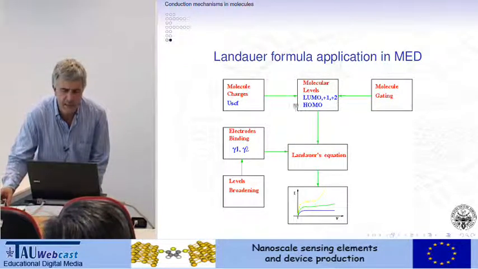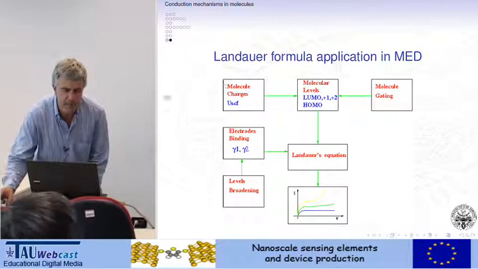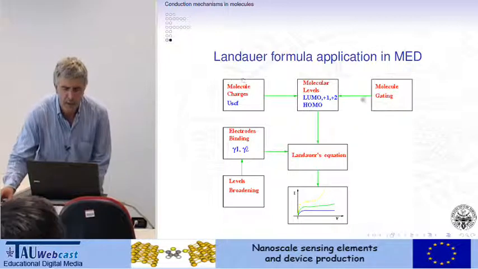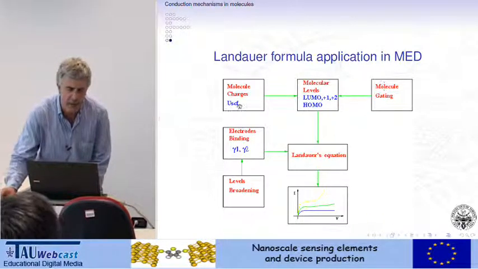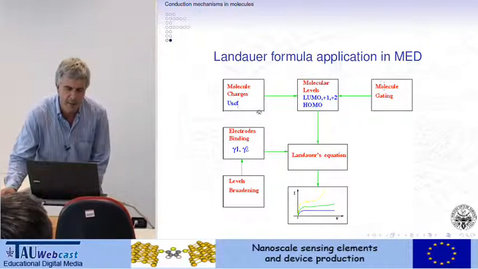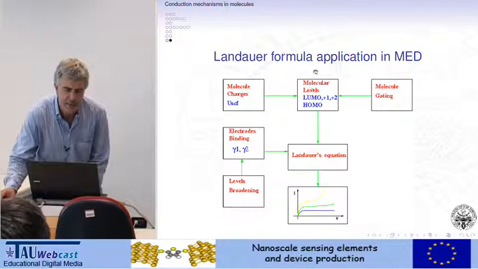So these levels should be corrected by the effect of charges on the molecule. And obviously also the gating has a similar effect. So charges and gating can be, in other words, described in a very similar way simply by modifying the position of the conductive channel in the molecule.